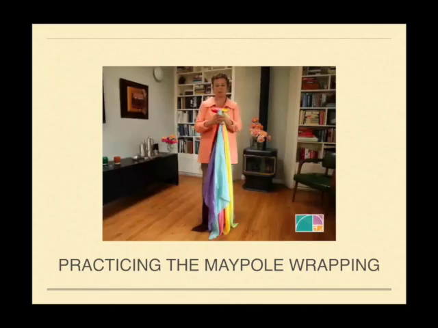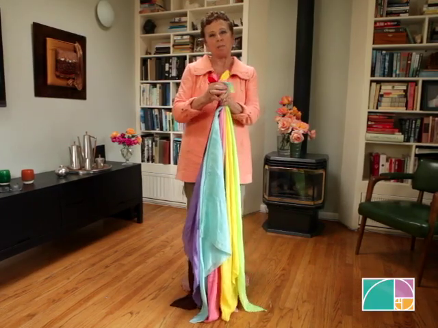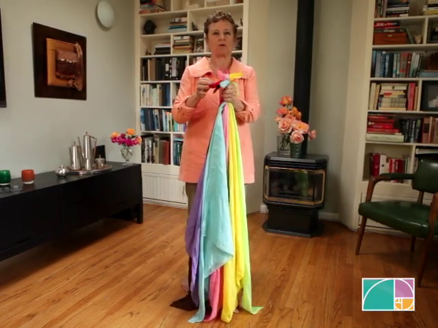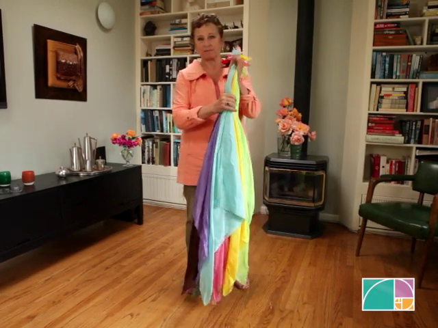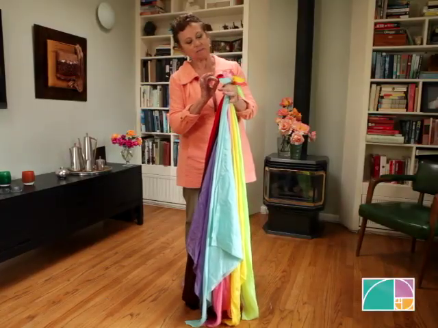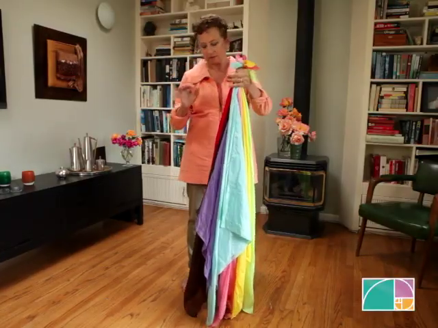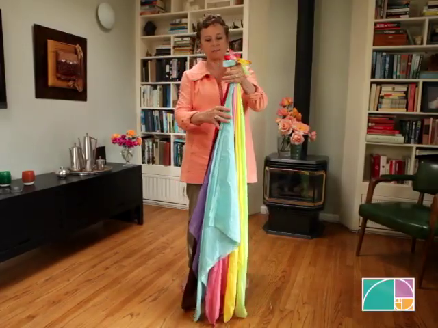And here's a description of beginning to work with the silks. Setting up a maypole practice for young children using silk scarves. So I have in my hand about a dozen silk scarves, mostly the same length, not so important.